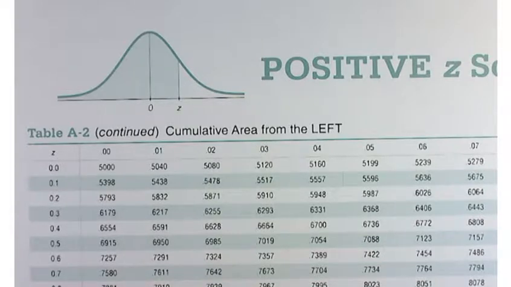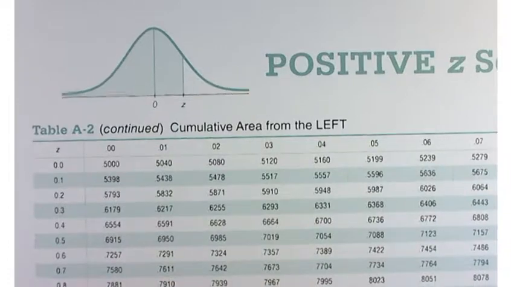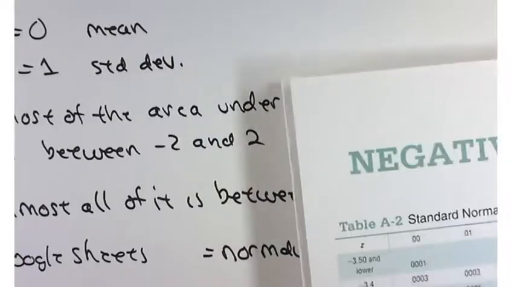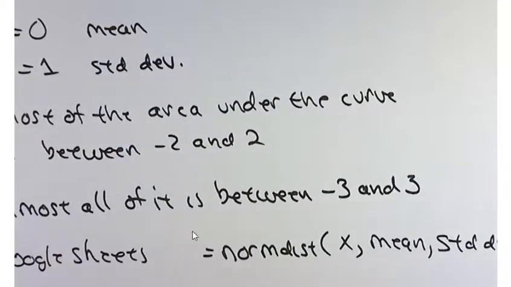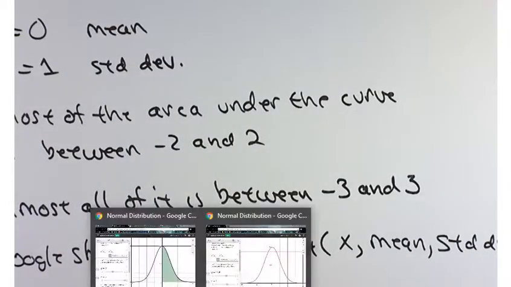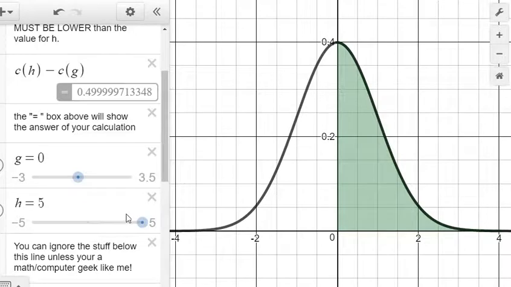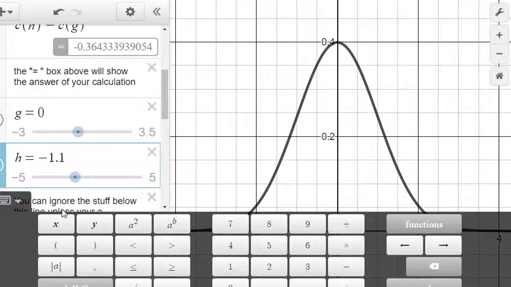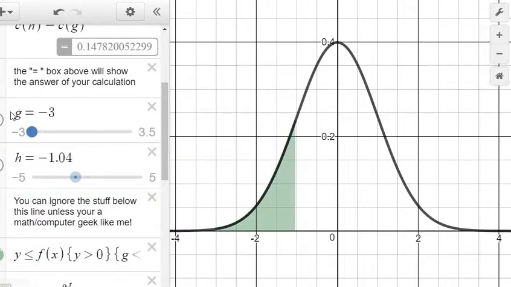Problem number 10. Area to the left of negative 1.04. So let me see if I can't graph that for us, just so we can kind of get a little handle on what that's going to look like. So negative 1.04. And I want the area to the left of that.